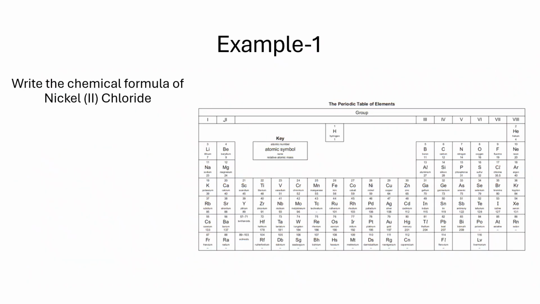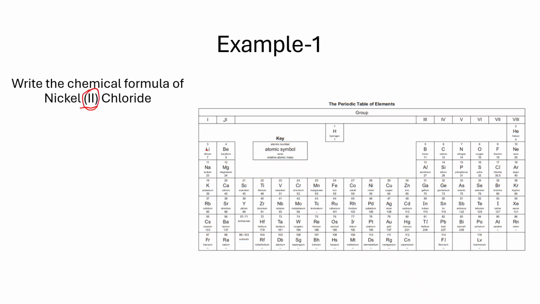Now, if transition metals can show variable valency, how do we write the chemical formula of a compound which has one of these atoms? So the convention is that the specific valency of the transition metal to be used is shown as a Roman numeral within a parenthesis.